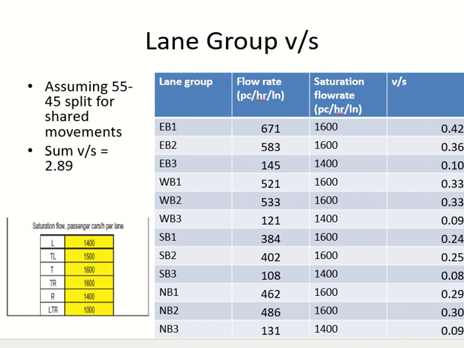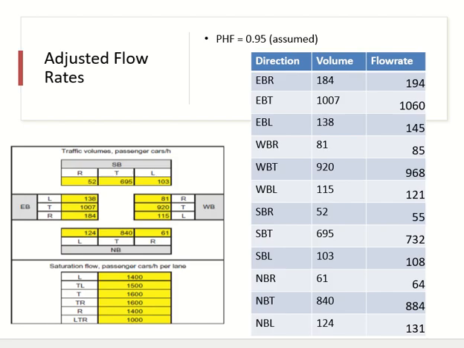This is the flow rate for each lane group, the demand for each lane group coming from the movements. From these values, this is demand and this is saturation flow rate.